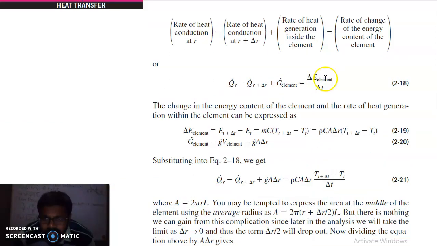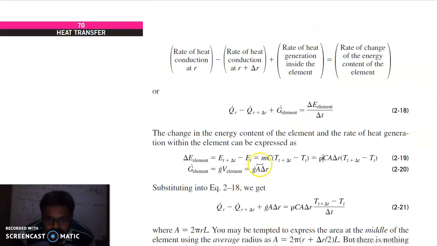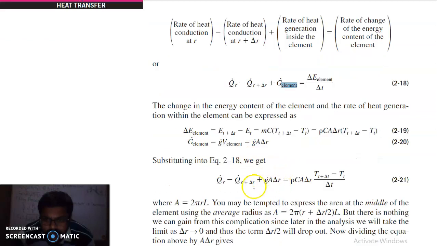Now put the value of del E element, which is m Cp del T. Heat generation in this element is G dot into V element, where volume is area into del R. You will get this equation here.